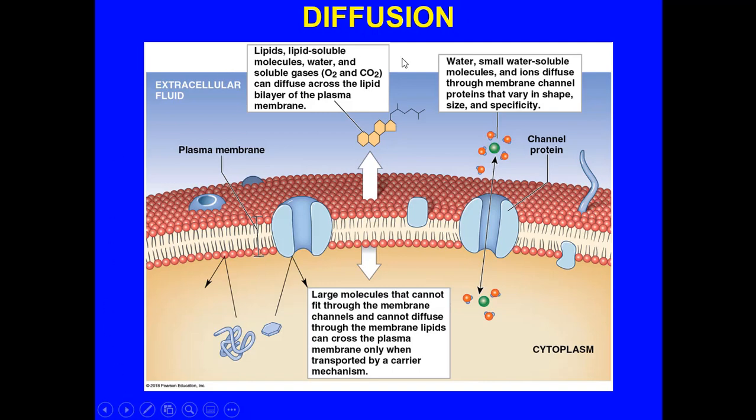Okay. And here you see the simple diffusion as I've mentioned before. Lipid-soluble molecules, water, and soluble gases such as oxygen and carbon dioxide can easily diffuse across the lipid bilayer of a plasma membrane. When you have larger molecules, you have to have channels or transporter proteins that will allow you to move from higher concentration to lower concentration.